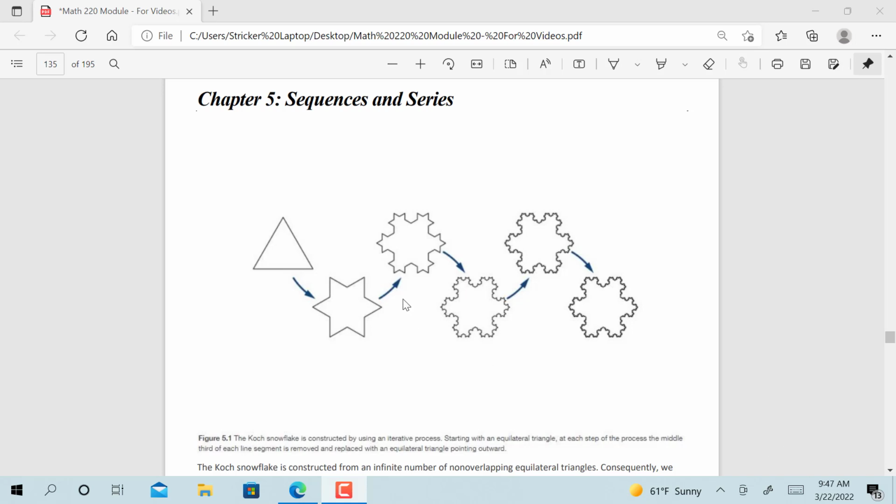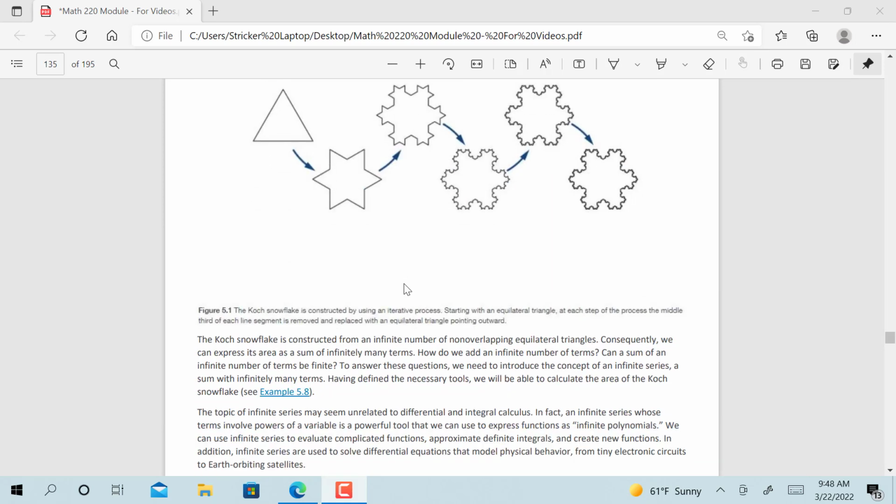It may seem like the stuff in this chapter is completely unrelated to what we've looked at through calculus, whether it be differential calculus in Math 210 or moving on to integral calculus in this class. But as we work through this chapter and into the next chapter, we're going to see how we can use a series, an infinite sum, to represent specific functions.